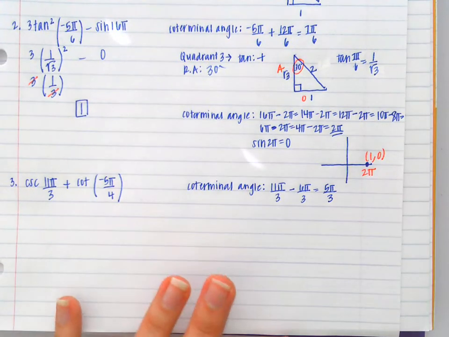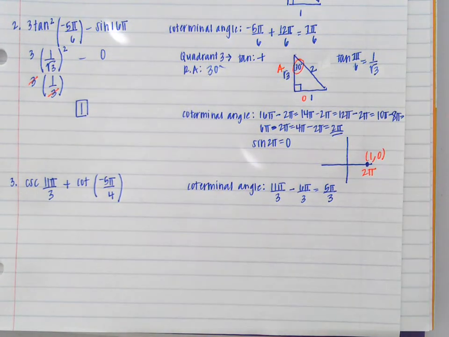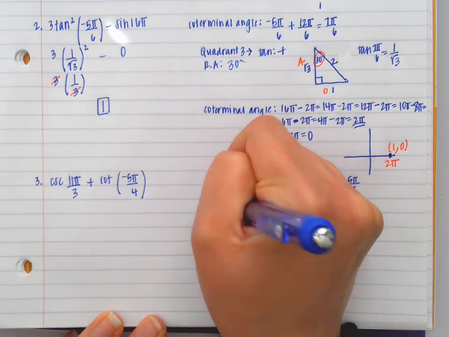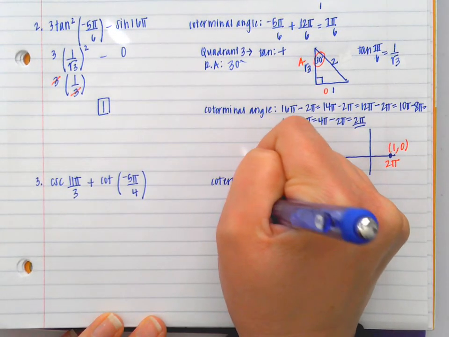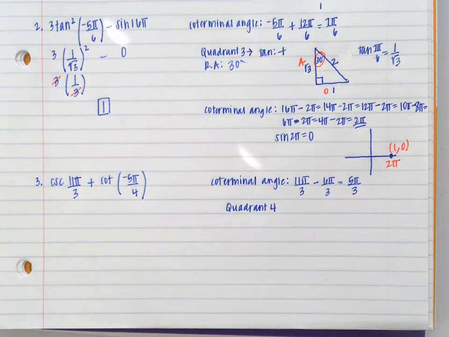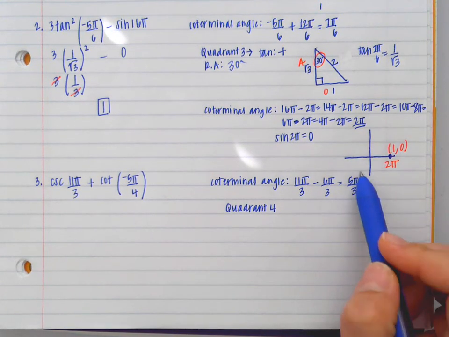Now 5 pi over 3 is 1 less than 2 pi, so that tells me it's going to be in quadrant 4. Remember my little tricks of remembering what each radian is in which quadrant. That's how I do it. If you need to rewatch that video, I showed that in the unit circle tricks. Okay, so all students take classes.